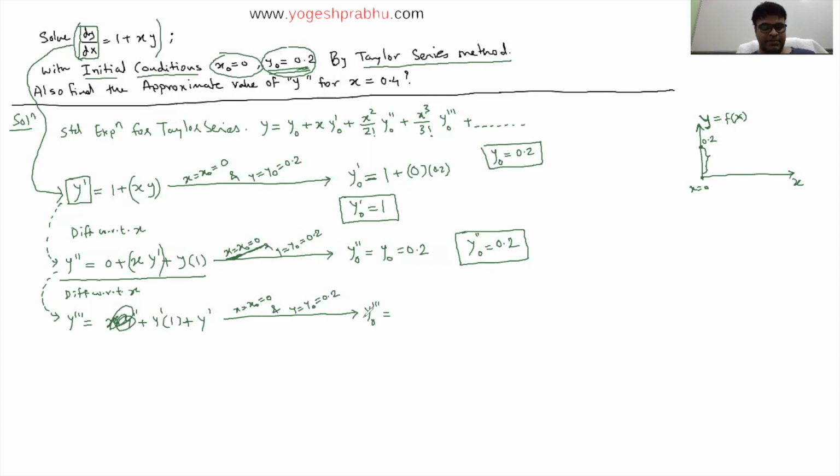So now this will become y dash naught plus y dash naught, which is 2 y dash naught. And y dash of 0 is 1. So I'll put that 1 here. So 2 times 1 is going to be just 2. So I got y triple dash 0 is equal to 2.